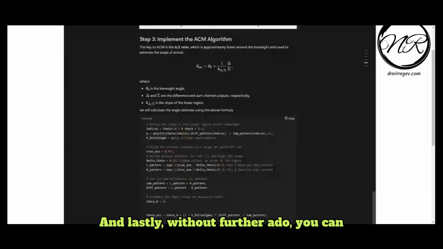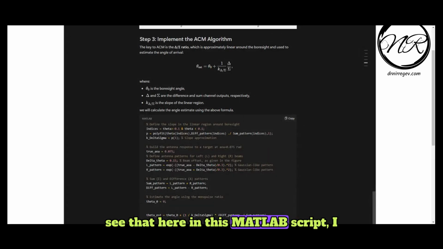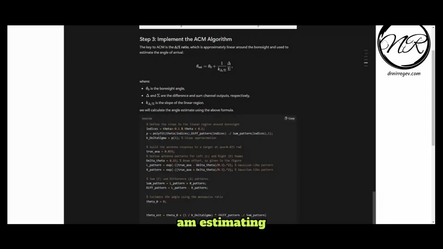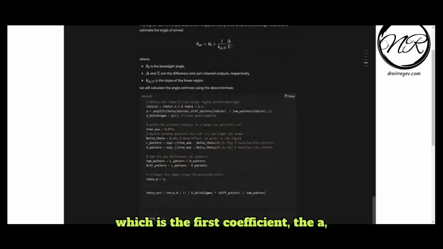And lastly, without further ado, you can see that here in this MATLAB script, I am estimating the linear trend with polyfit. I'm basically fitting a first order polynomial to this delta over sigma pattern in small angles, and then k delta sigma will be p of 1, which is the first coefficient, the a in ax plus b.